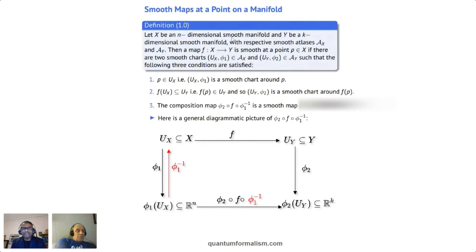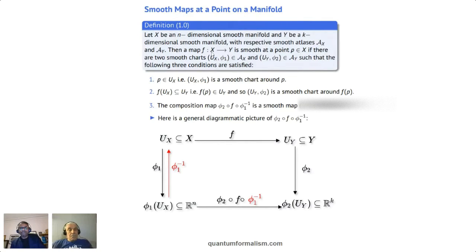So given two smooth manifolds X and Y, where X is n-dimensional and Y, let's say, is k-dimensional, with the respective atlases. I've labeled AX to be the atlas of the first manifold, and AY the atlas of the second manifold.